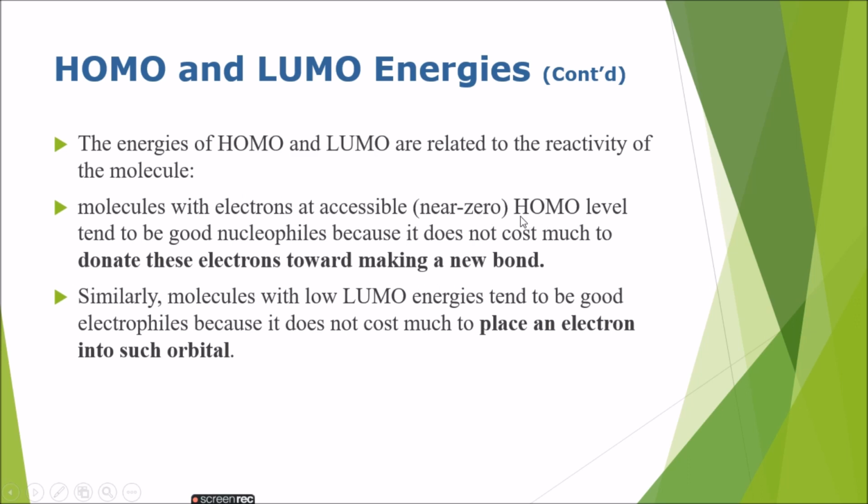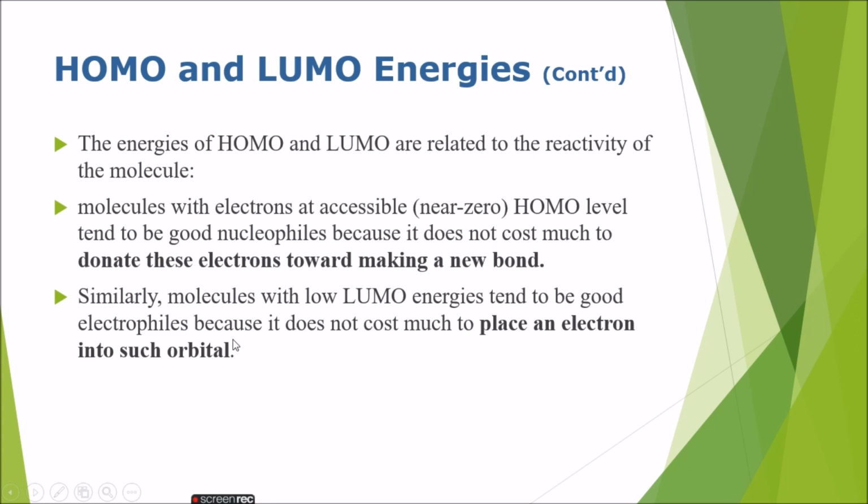So if HOMO is a good nucleophile, it will not cost much because it's near zero, and if the LUMO is also near zero, the electron transfer will take place very easily to make a new bond. It's not going to affect anything. Since your HOMO LUMO gap is small, if it is near zero, it will make your HOMO a good nucleophile and your LUMO a good electrophile.